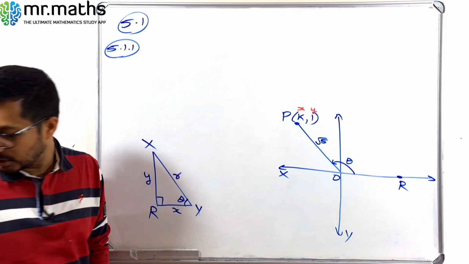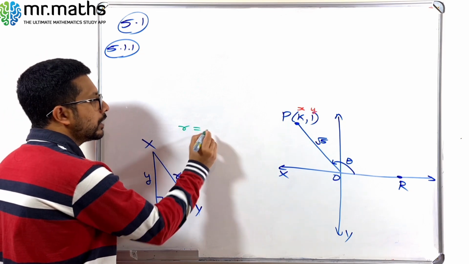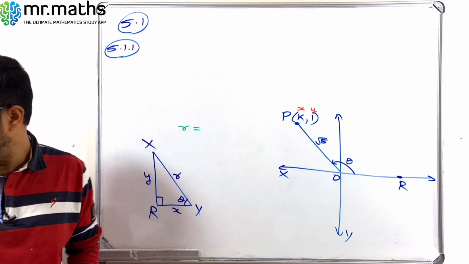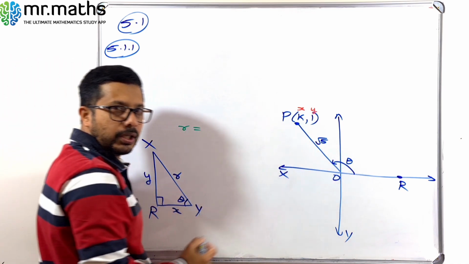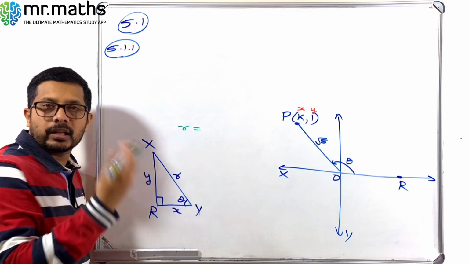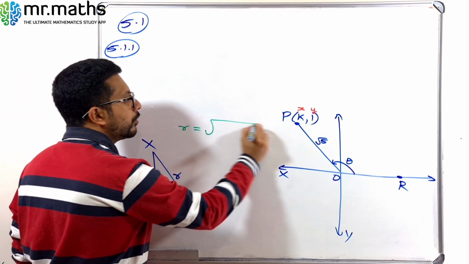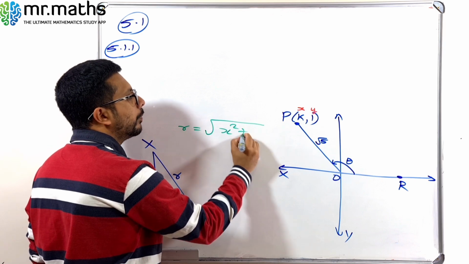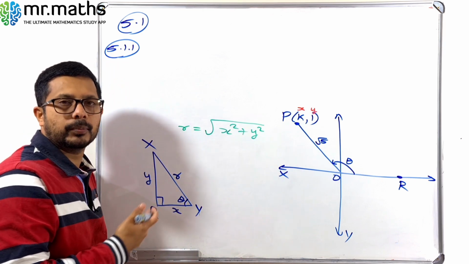In case the question is to find R, this is R, root 5. In another question, if you want to find R, then you apply this formula, which is easy to remember: x squared plus y squared. That is the Pythagoras theorem.